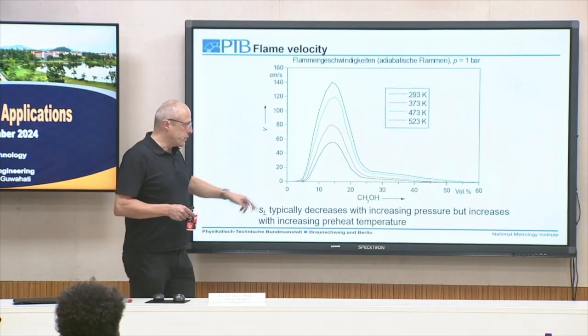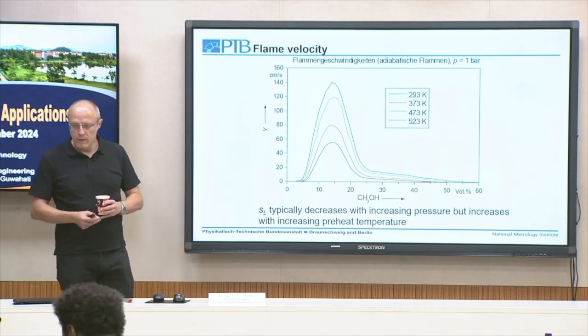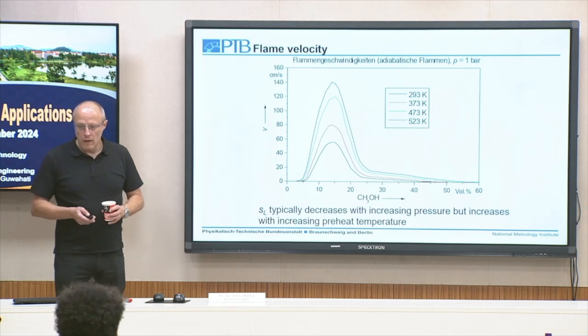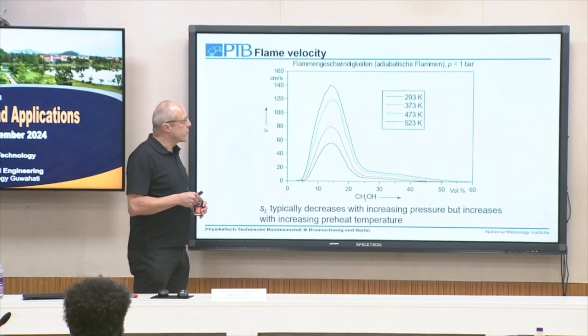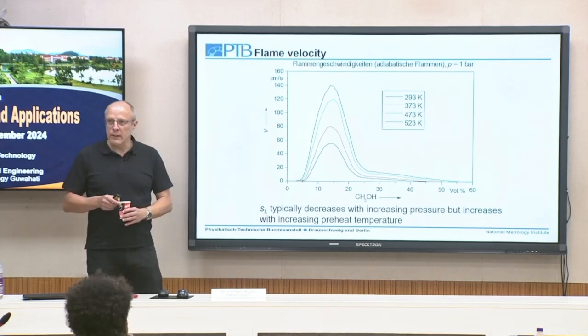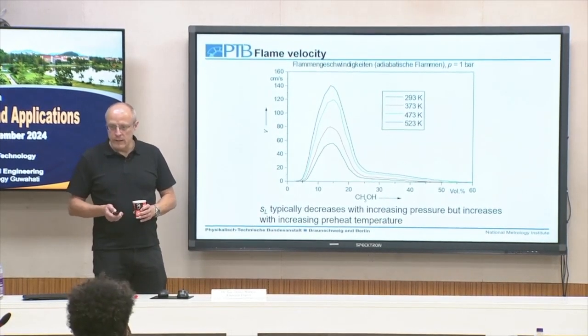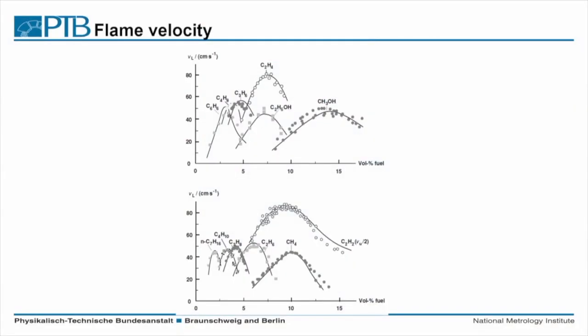There's also a pressure dependency. Typically, the laminar burning velocity decreases with pressure. But of course, this is dominated more by kinetic effects, so it has to be considered in detail for the specific reaction system.